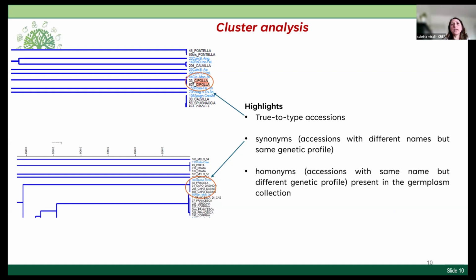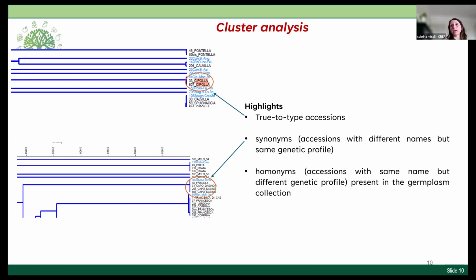Or we can also find some errors in the collections, like synonyms, that are when accessions with different names have the same genetic profile, like in this cluster where the cultivar Capo d'Asino is the cluster of this cultivar, and we find a fragola, which is obviously a synonym.